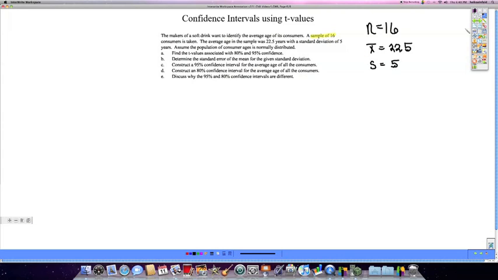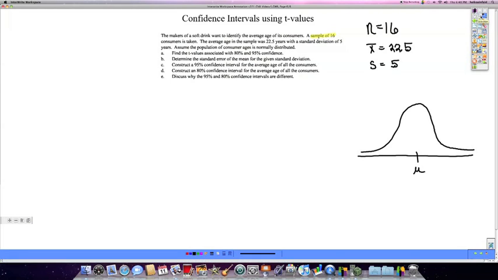Now, in this case, we're still going to be looking at the normal curve, and I'm just going to briefly draw. My freehand bell curves are not very good, but for 80 and 95%, we are still assuming that there is a normal distribution.